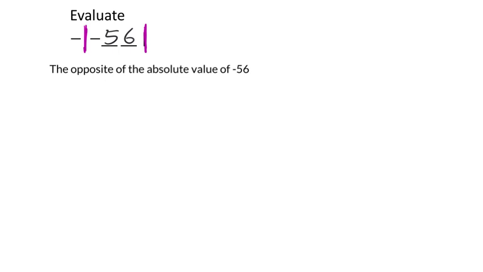I have to deal with those absolute values before I can deal with the negative on the outside right there. So it's there, I'm just going to ignore it for now. So I start with the absolute value of negative 56, which is asking how far away is negative 56 from 0? It's 56. Now I have to apply the negative on the outside to that value, and I get negative 56. Again, this is kind of an order of operations thing.